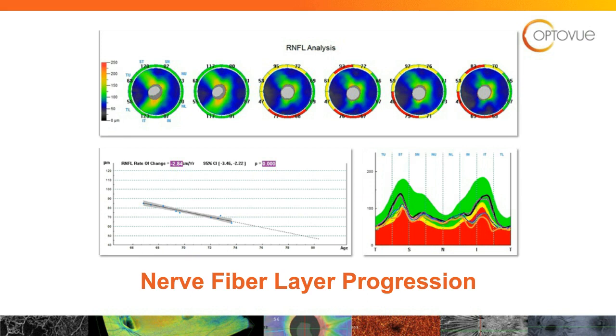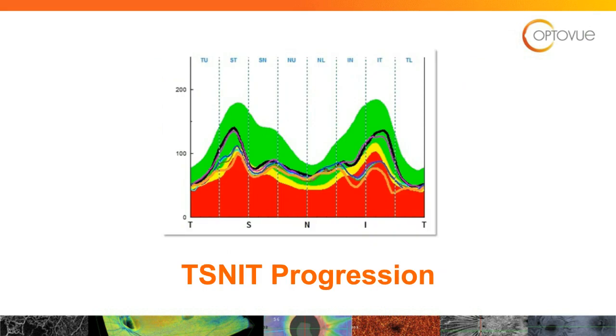Not only are we seeing that trend line decrease, but we're also seeing a little bit of purple as far as the rate of change. If we look at our TISNT event analysis, the first scan was in black, that's the highest. Our most recent scan was in orange, that's the lowest. We can really see that we're losing nerve fiber layer as time goes by.